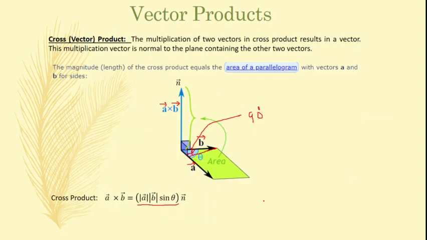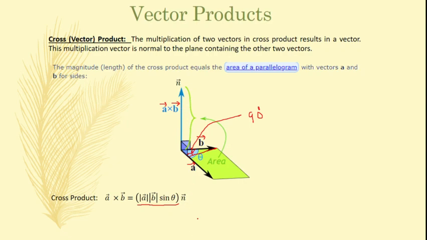Means in previous cases, if this one is the area made by these two vectors, then the direction of the cross product, the vector which we get by taking this cross product, is obviously in outward direction. That is why in this direction.